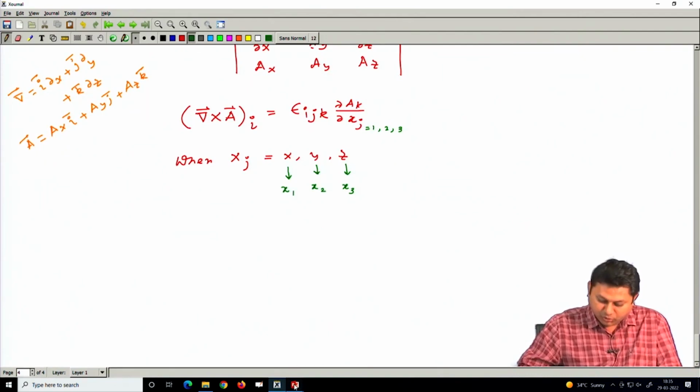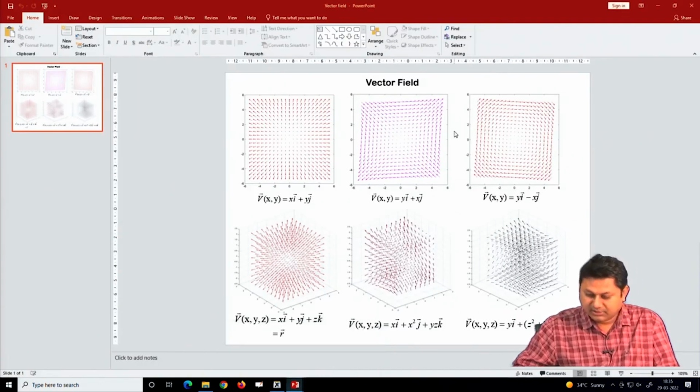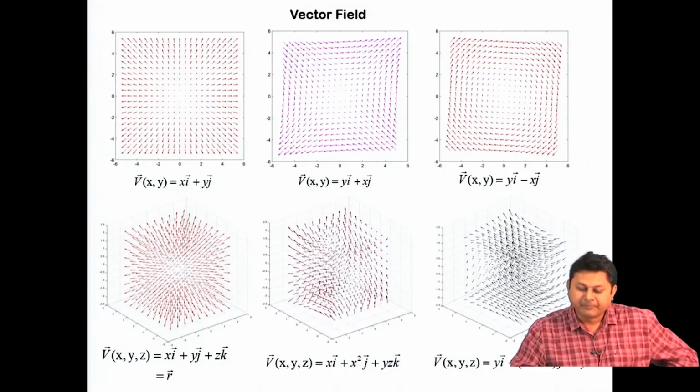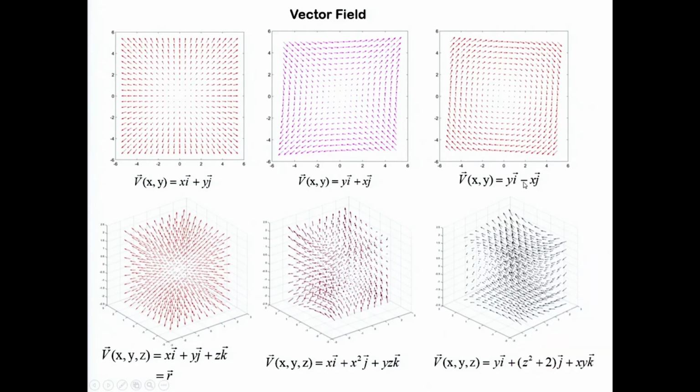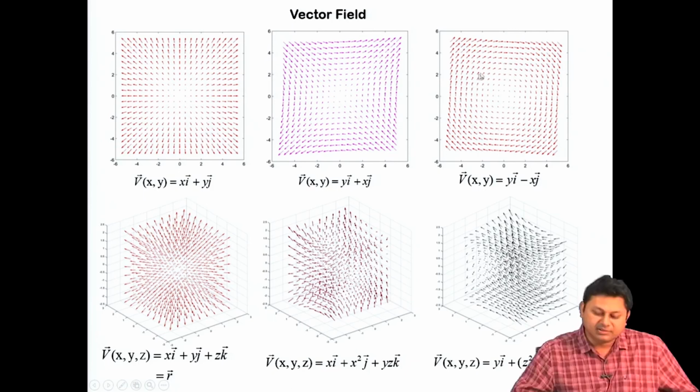I would like to show once again this figure of the vector field that I mentioned in the last class, V equal to y i plus x j. Apart from the other ones, the first and second have a natural curliness, and you can measure this natural curliness with this curl operator.